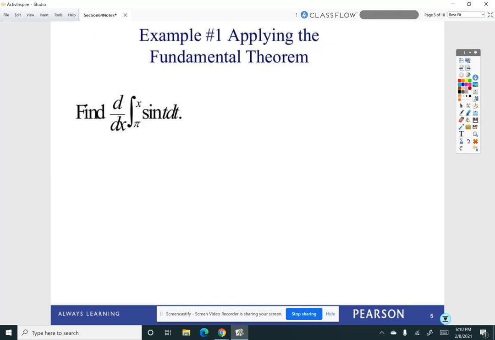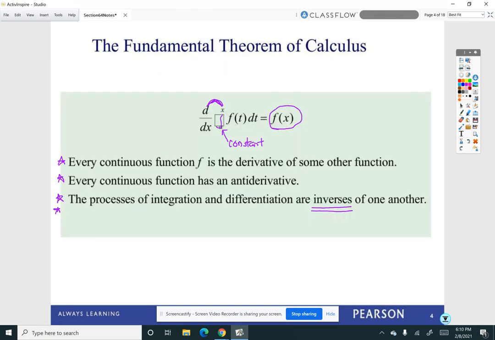All right, so we'll jump right into example 1 here, applying the fundamental theorem. We've been asked to find the derivative of the integral from pi to x of sine of t dt with respect to x. According to the fundamental theorem, if you take the integral from a constant to x of a function in terms of t, the answer is the function in terms of x.